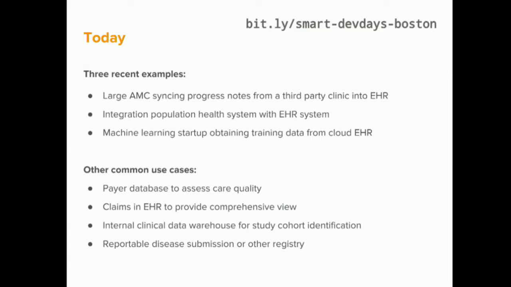And then the other side is also true. So healthcare providers at clinical organizations want to be able to get data from payers on claims for that patient, to get a 360-degree view of care that patient may have received outside of their care network.